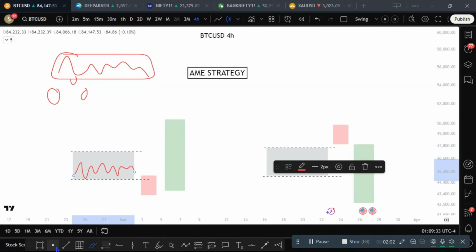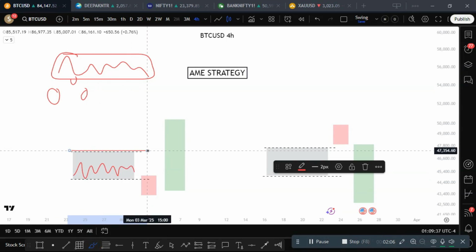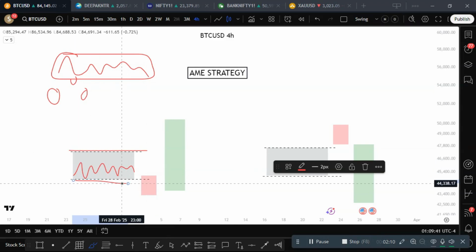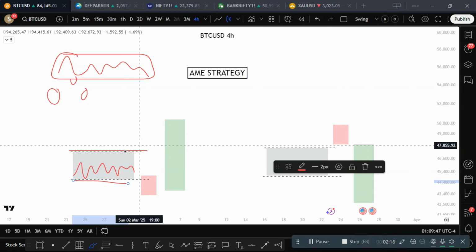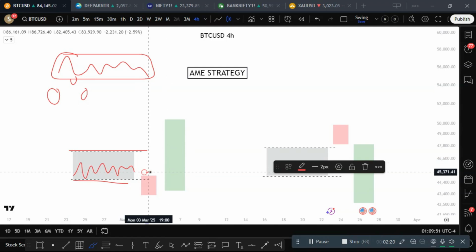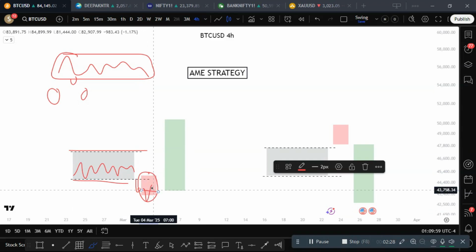So we have buy side liquidity above the Asian session high, and we have sell side liquidity below the Asian session low. Whenever price takes the buy side liquidity first or sell side liquidity first, in this case price took sell side liquidity first, then we will go down to the 5-minute chart and look for a market structure shift.